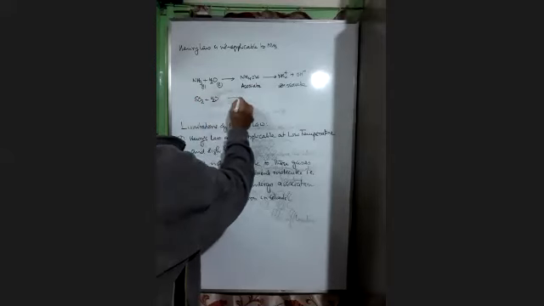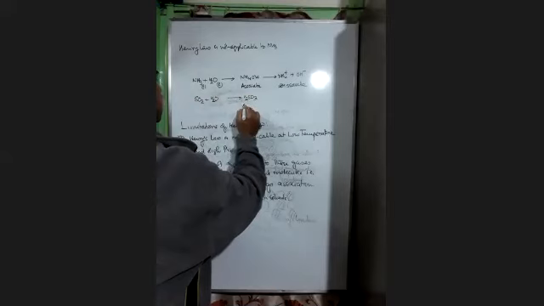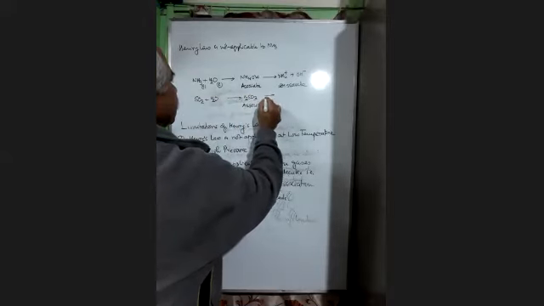Seven. Sulfur dioxide with H2O gives H2SO3.